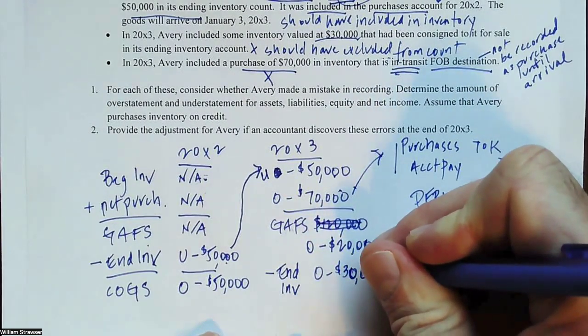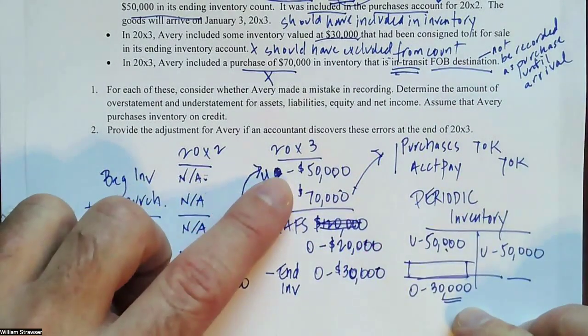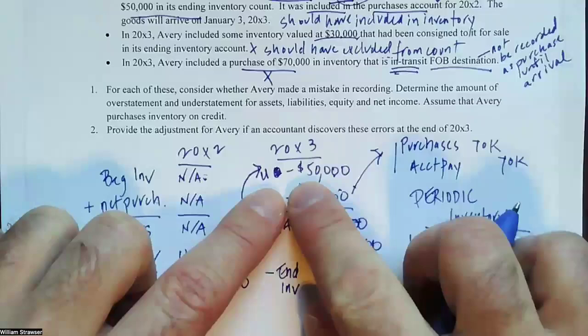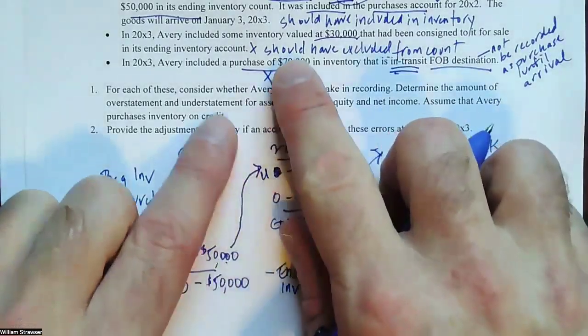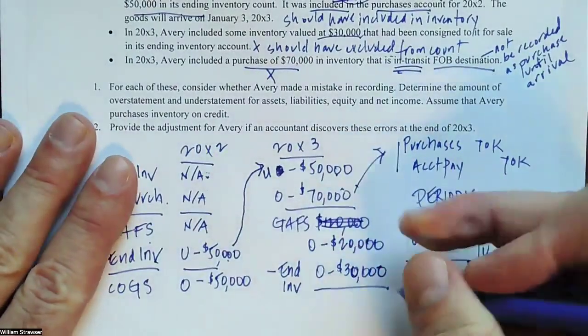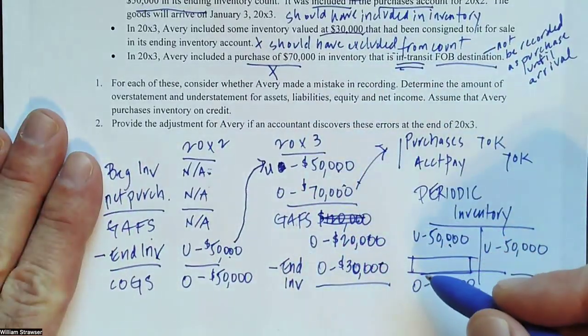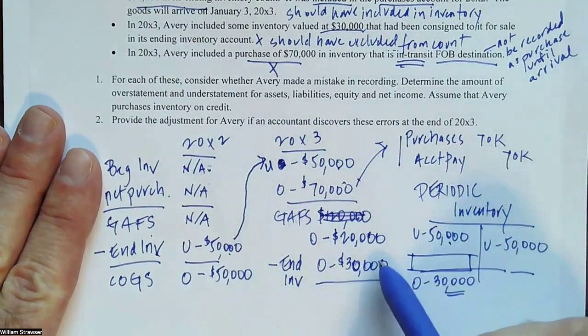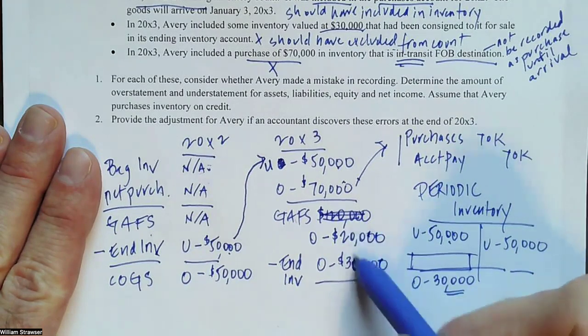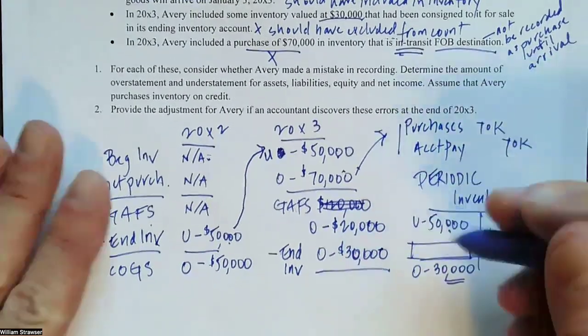All of that to describe why I don't net off this $50,000 error against the $30,000 error. Now I'm going to subtract this ending inventory. So that means it reverses the direction of the error, and it's actually acting as an understatement when I combine these two.